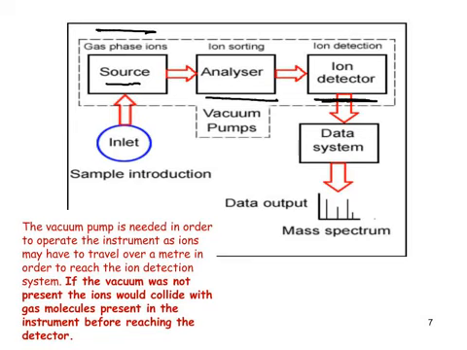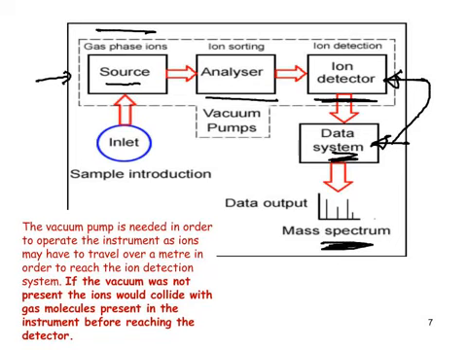Then we have the detector, and the detector has to be connected, as I said, to some kind of data system. The detector may be the flame ionization device, but it gives data that needs to be interpreted, so you have to have some data system to interpret it, which will then give a printout, typically a graph.